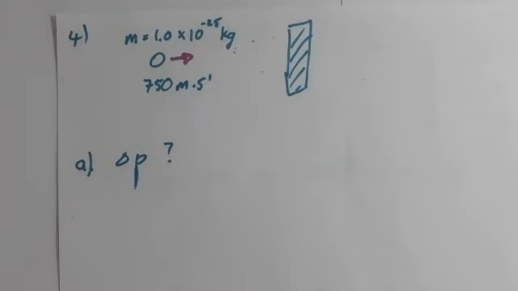They say we have this stream of identical atoms of mass 1 times 10 to the power negative 25 kilogram hitting a vertical surface. It's hitting it perpendicular with a speed of 750 meters per second at a rate of 2,000 atoms per second.